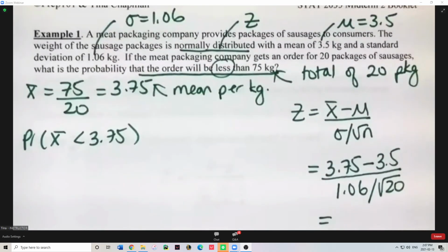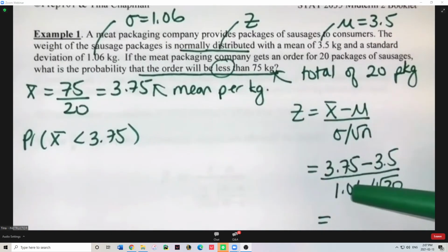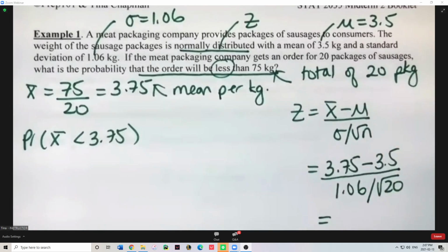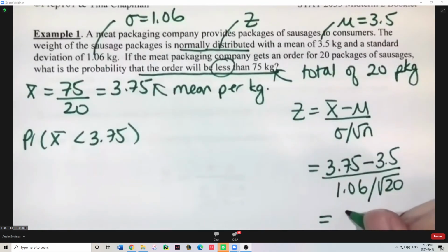All right, so type in one of these just to make sure you don't do anything silly so you can catch it. So you can either do this minus this equals divided by 1.06 equals times root 20 because it's divided by a fraction, or you can put the bottom in brackets. You should get 1.05.